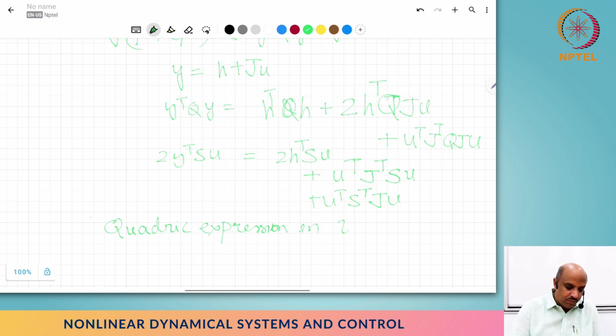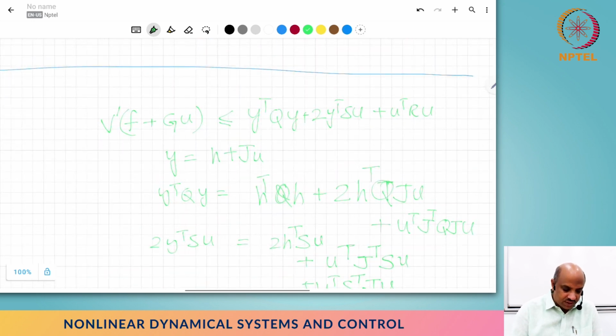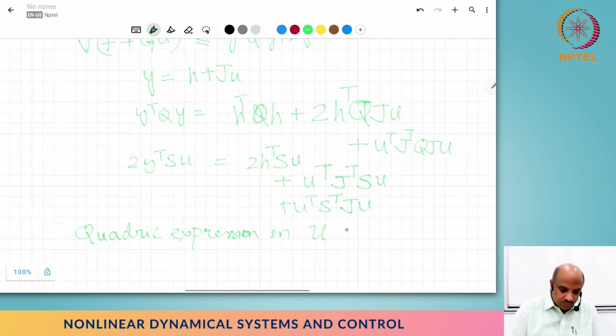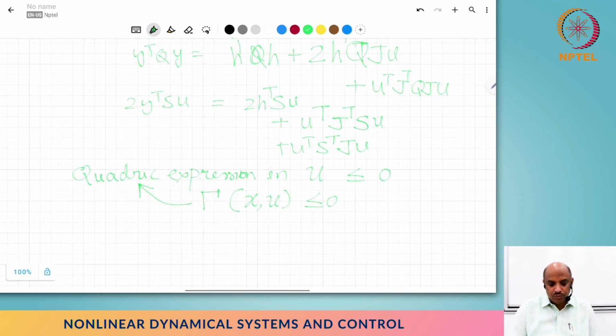If I bring everything to one side, it is less than or equal to 0. For the sake of simplicity, I'm going to pick some gamma of x comma u less than or equal to 0, where gamma is actually quadratic in u. It's not arbitrary. It could be arbitrarily nonlinear in x, but it's quadratic in u.